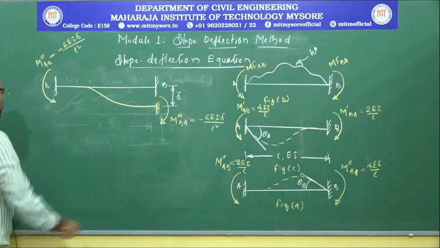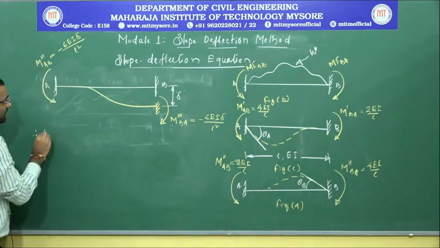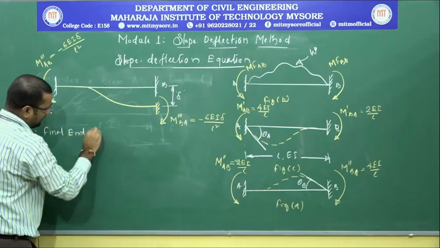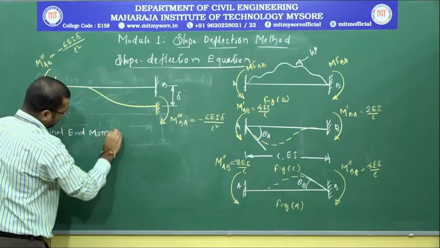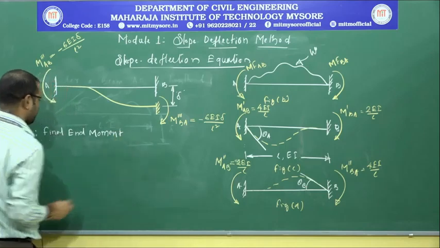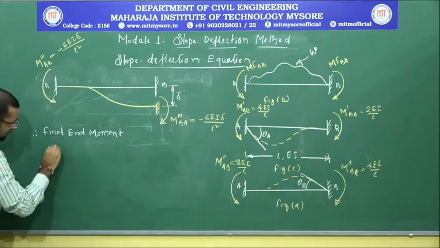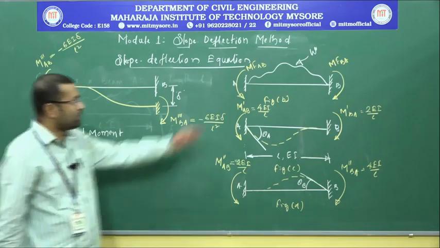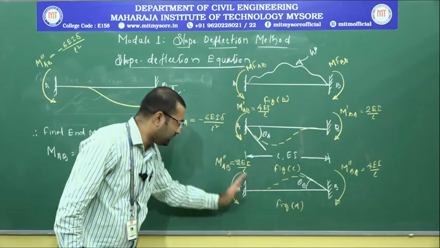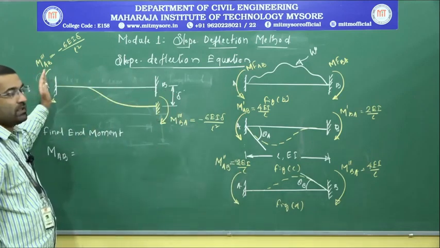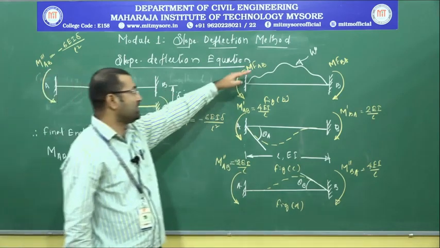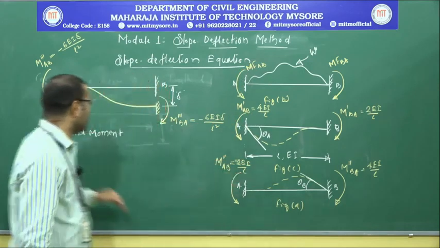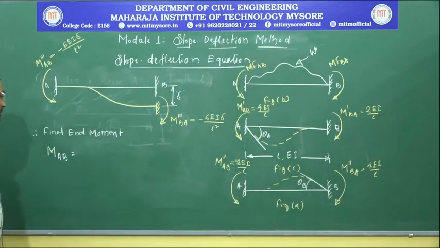That is, if I want to determine the final end moment, that is, if I want to determine MAB, then I have to add all these 4 values at the AB or A point, that is MFAB, M dash AB, M double dash AB and M triple dash AB.